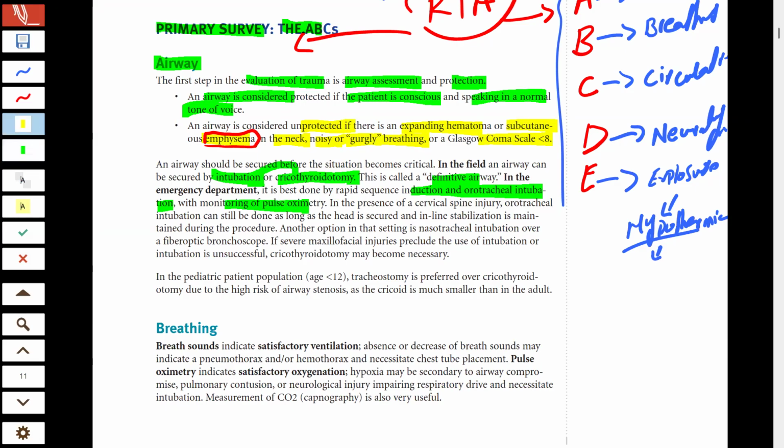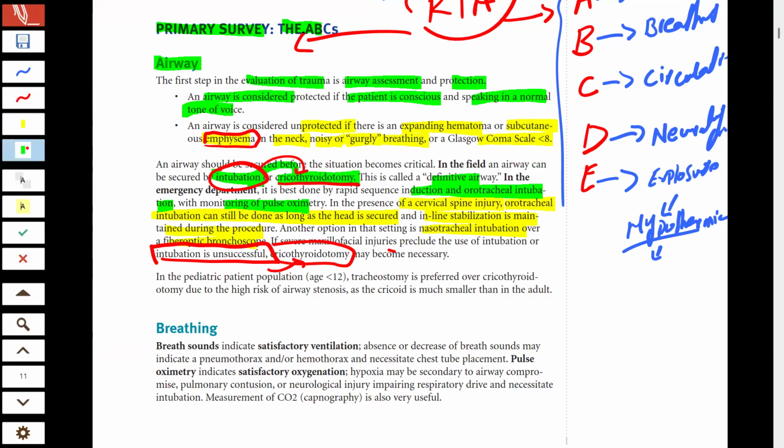In the presence of cervical spine injury, orotracheal intubation can be done as long as the head is secured with in-line stabilization. Another option is nasotracheal intubation over a fiberoptic bronchoscope. Firstly you try intubation, and if intubation is unsuccessful, go for cricothyroidotomy.